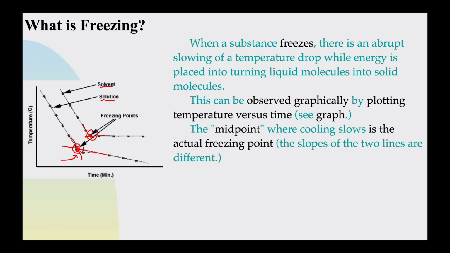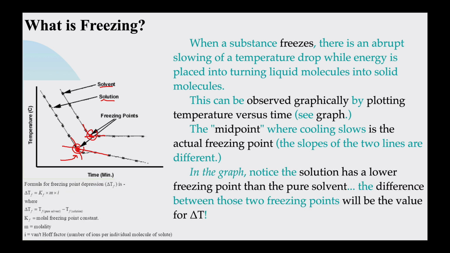To find that freezing point, it's the midpoint between when the cooling slows and the actual freezing. The slopes of the two lines are different, but again, you don't have to do linear regression. I would just visually look at where those two lines come together. And again, in this graph, notice how the solution has a lower freezing point than the pure solvent. That's what's supposed to happen. Solutions will have lower freezing points than the solvents they came from.